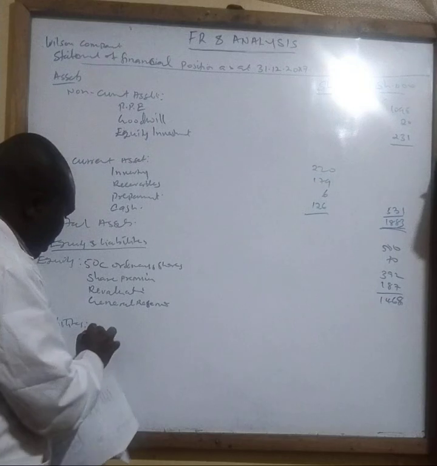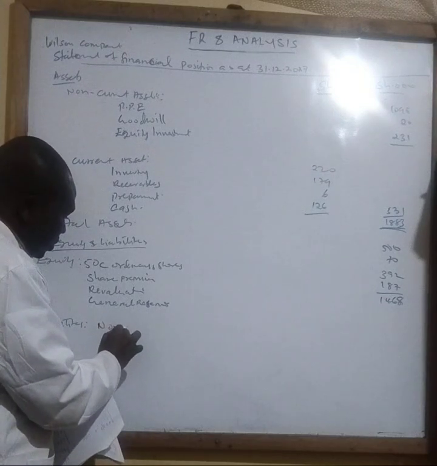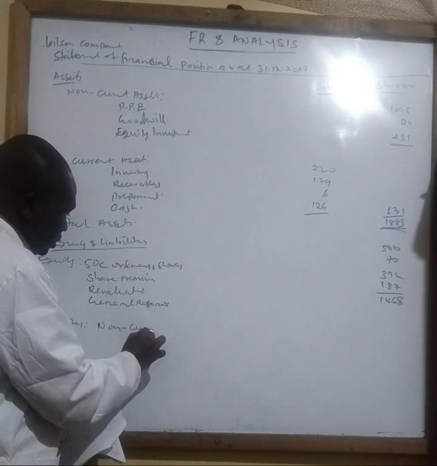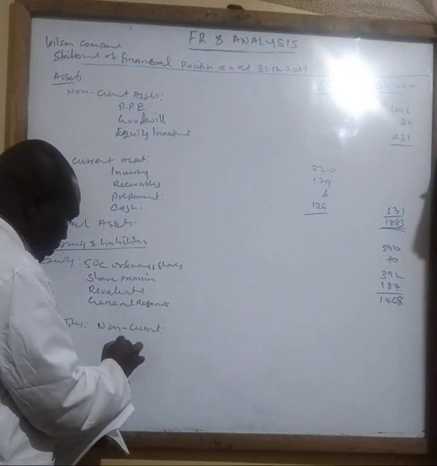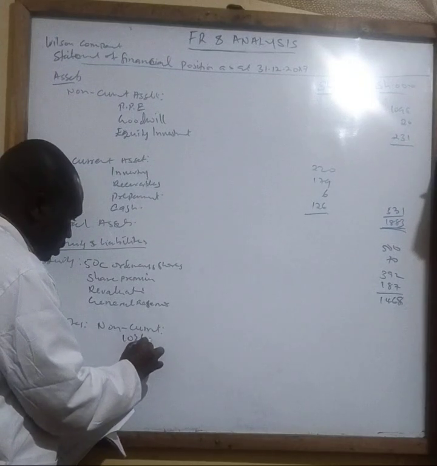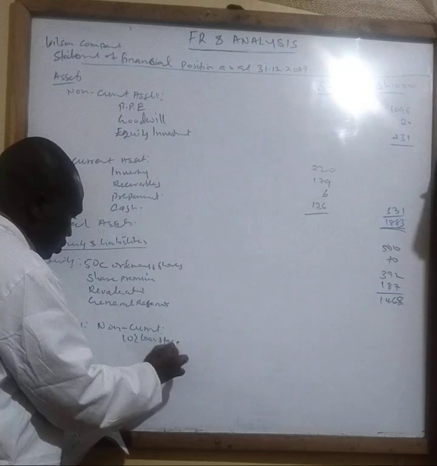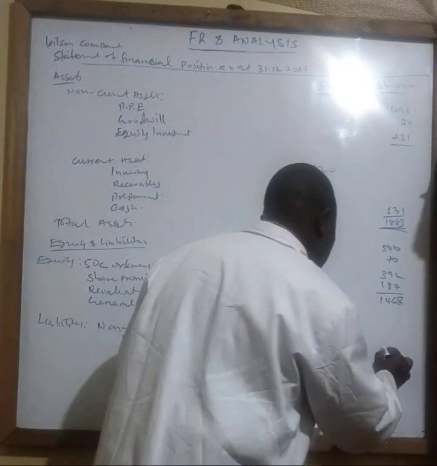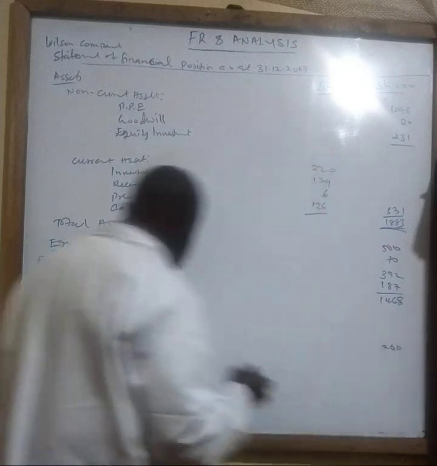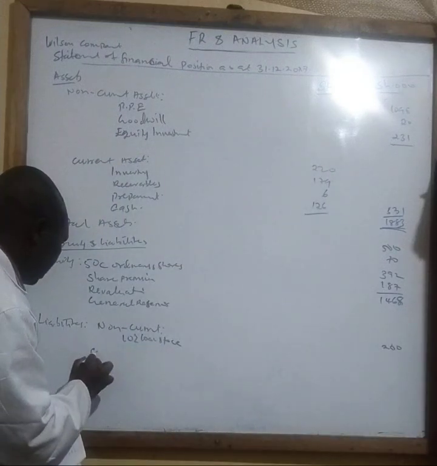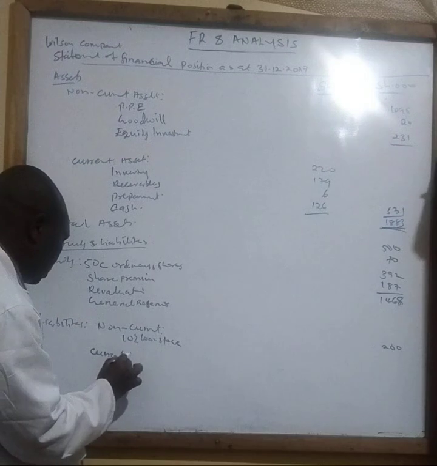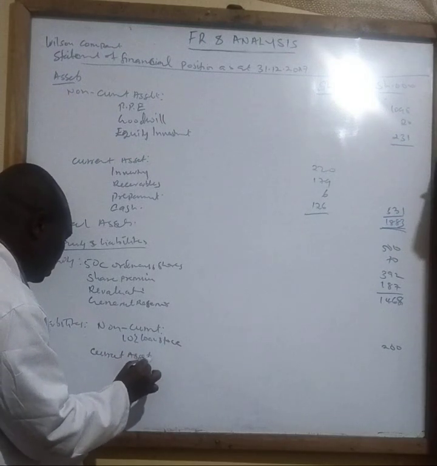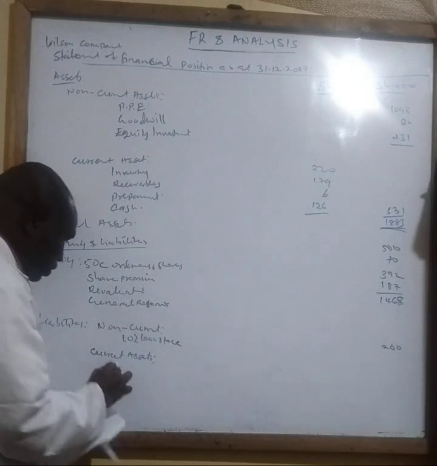Now we go to liabilities. Do we have long term? Yes. We call them non-current. In this case, we had 10% loan stock. How much is it? 200. Then we have current liabilities.